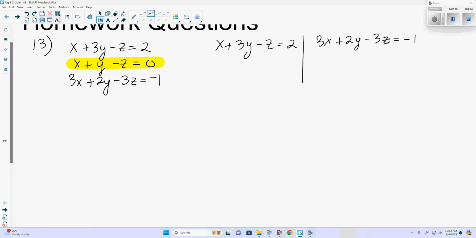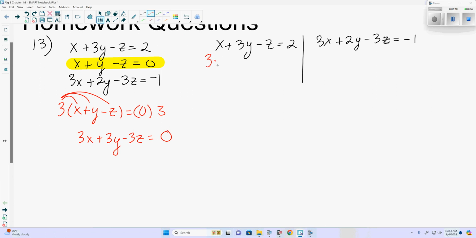Now the left one, I need to multiply it by 3. Because the one on the left, we have 3y. So we're going to get those to match. So if we distribute here, 3 times x is 3x. 3 times y is plus 3y. 3 times negative z is negative 3z. 3 times 0 is 0. 3x plus 3y minus 3z is equal to 0.